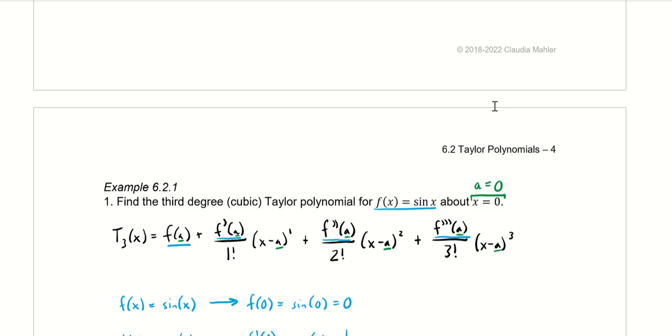So another way that I could have phrased this is find the third degree Maclaurin polynomial for f of x equals sine of x. And by saying Maclaurin polynomial, this is implied. So I'm just going to write on here, this is also a Maclaurin polynomial.